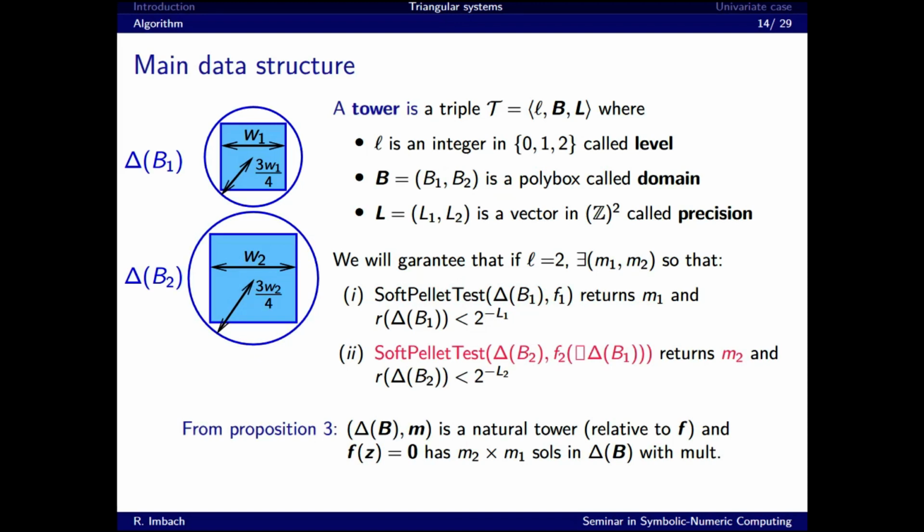And when the level is 2, we'll guarantee that there are two integers, m1, m2, so that the first condition holds, and the soft Pellet test for inputs containing disk of B2 and F2 specialized in the containing interval of containing disk of B1 returns m2, and the radius of the containing disk of B2 is less than 2 to the minus L2, that is the second precision. And if this holds, then there are m2 times m1 solutions in delta B.